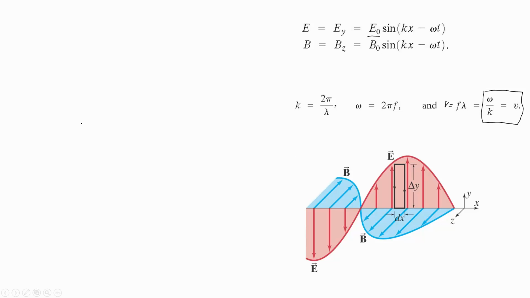Alright, so now we're going to start applying some of our equations to this. We're going to start out with the integral of E dot dl is equal to the rate of change of magnetic flux. You don't have to copy all of this down.